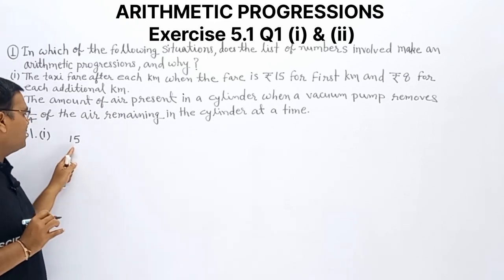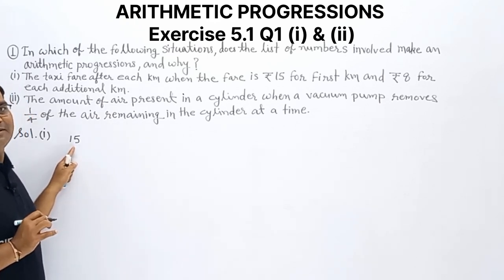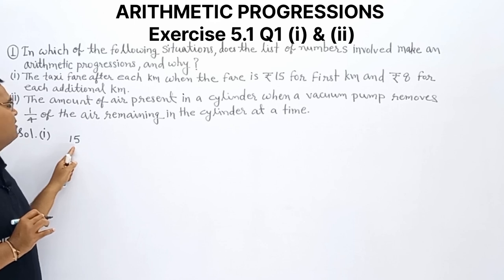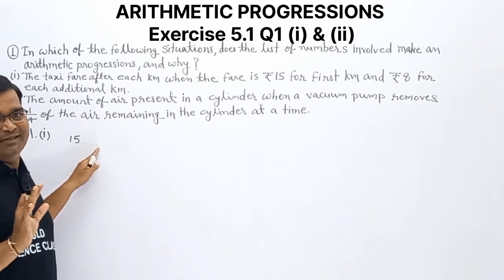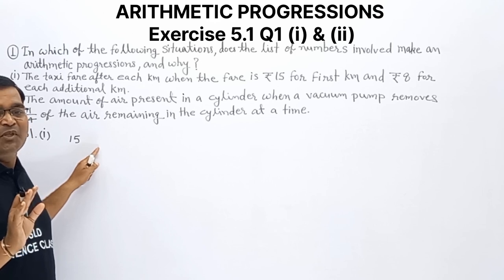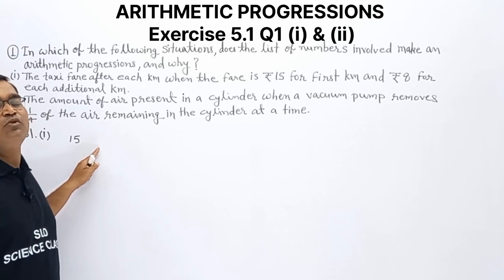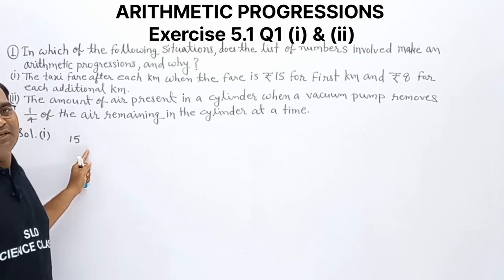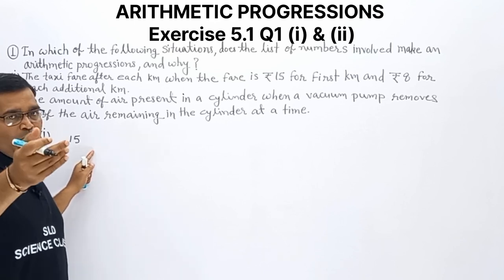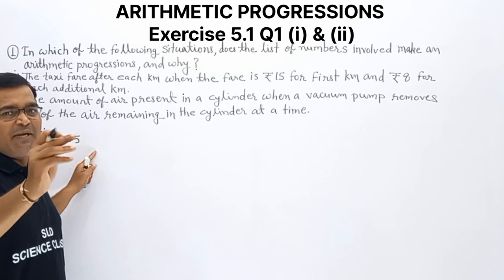First kilometer fare is 15 rupees. Then what about 2 kilometers? We want to go somewhere 2 kilometers. Then for the first kilometer the fare is 15 rupees. For an additional 1 kilometer, 2 kilometers means 1 plus 1.